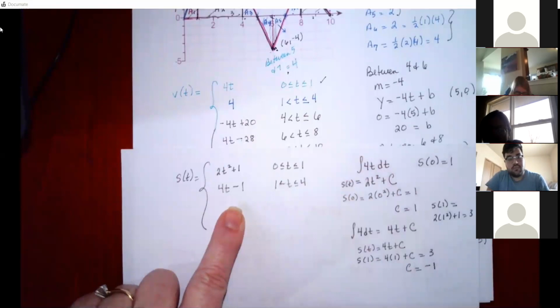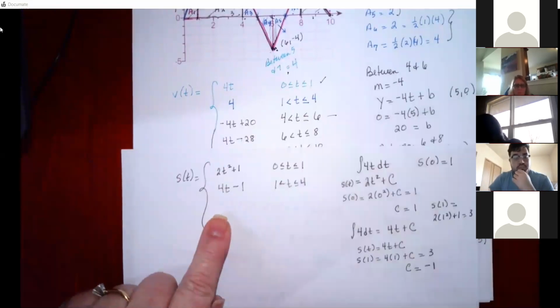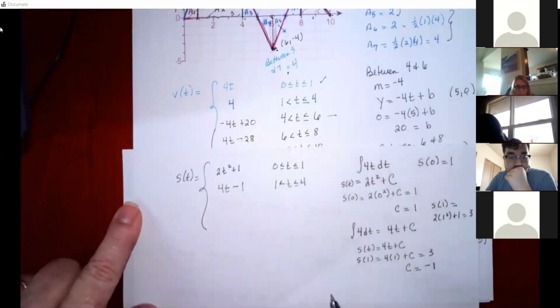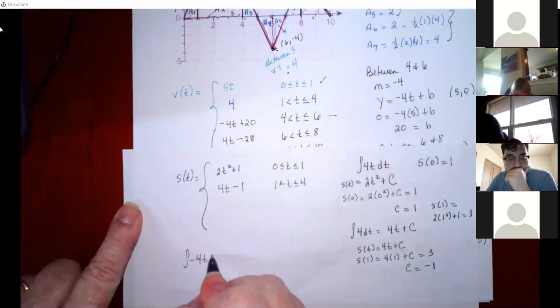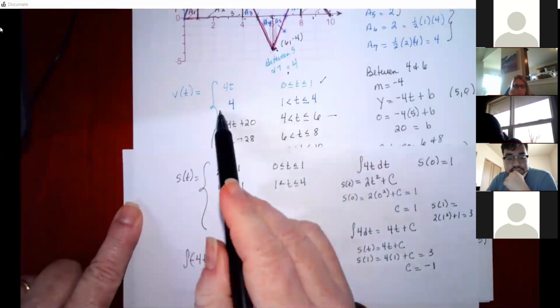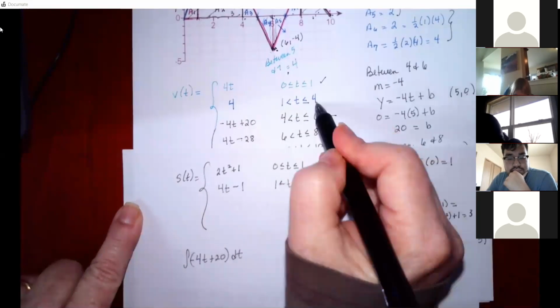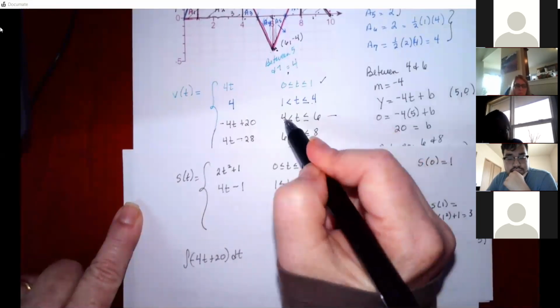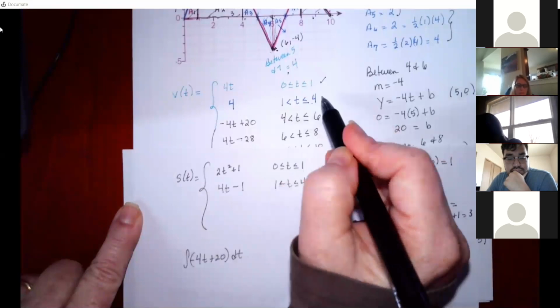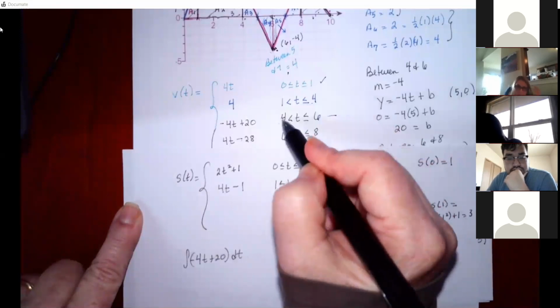For the third interval, we're going to integrate -4t plus 20 dt, and we're going to use the previous position at t equals the right-hand endpoint, because we want to match up at these endpoints. It's the changeover point, so to speak.